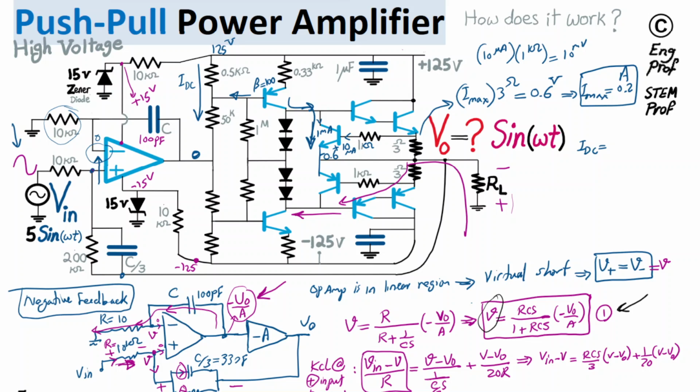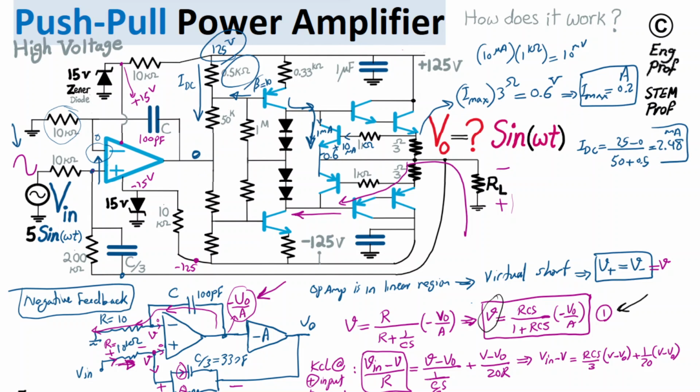So what we can say is IDC is equal to just 125 volt minus 0, divided by 50k plus 0.5k, which is then roughly 2.48 milliamp.